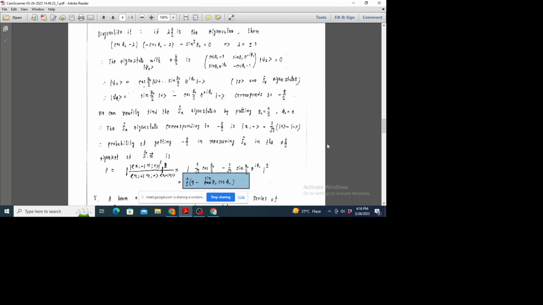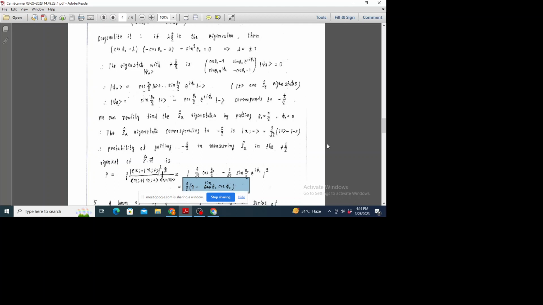So this is the answer. I hope the steps that you need to perform are clear. So if that is the case, then let us move on to the next one.